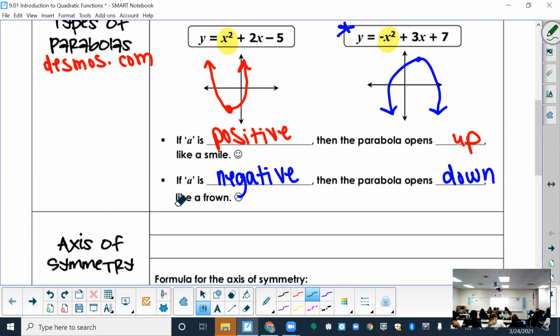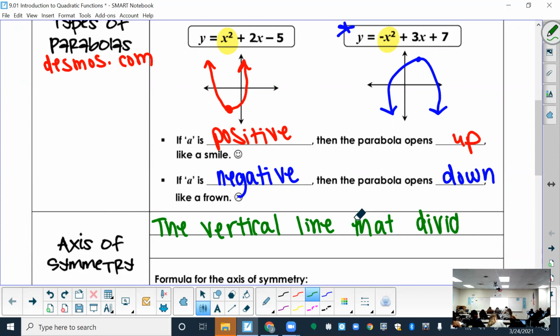If I have an axis of symmetry, that's going to be the vertical line that divides the parabola into two equal parts.